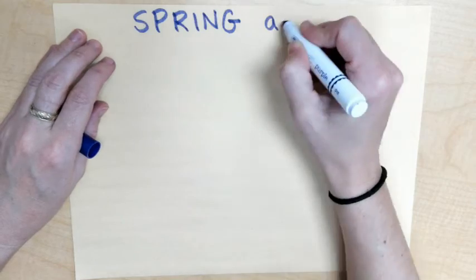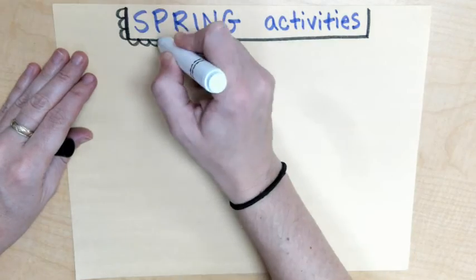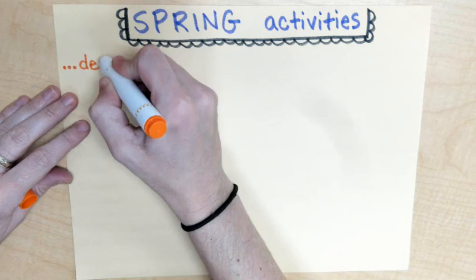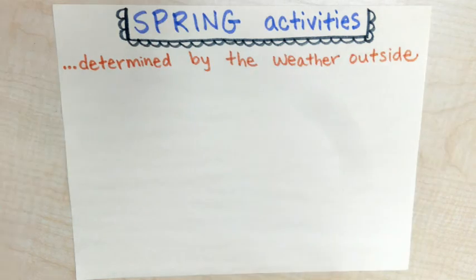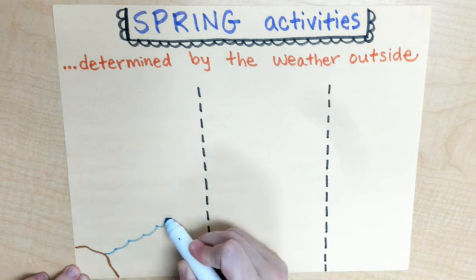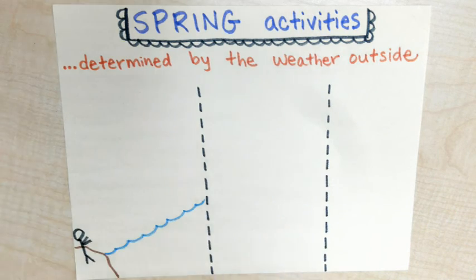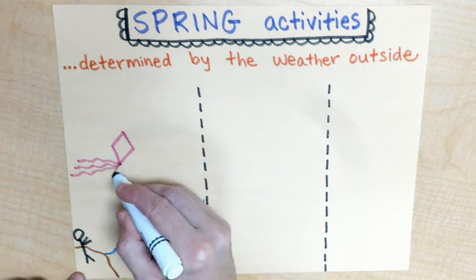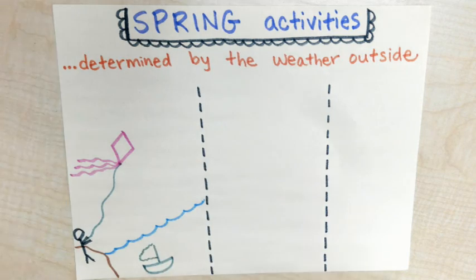So another type of change that we can talk about as far as spring goes is what kind of activities we as humans are able to do outside, and it's all determined by the weather that's happening. Let's say it's a windy day.